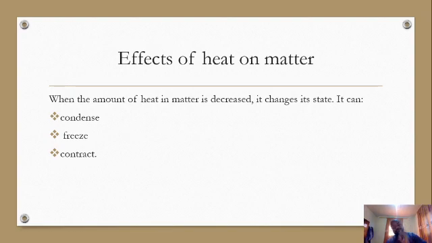If you take the heat out of the matter, if you condense it or freeze it, it changes its state. If you lower the temperature, it can condense. If you have gas, the gas becomes liquid. That's called condensation. If you have liquid like water and decrease the temperature, like you put it in a fridge, it freezes. It freezes means it becomes solid. The liquid becomes solid.